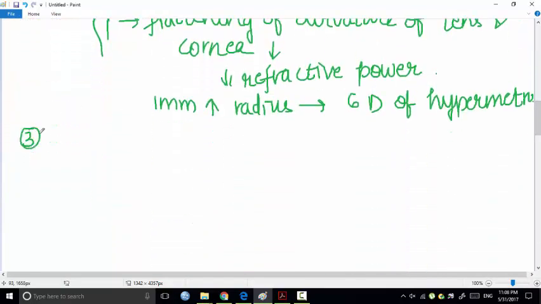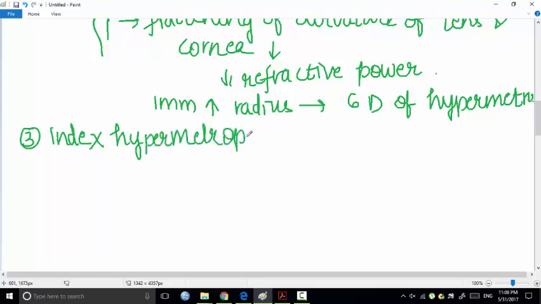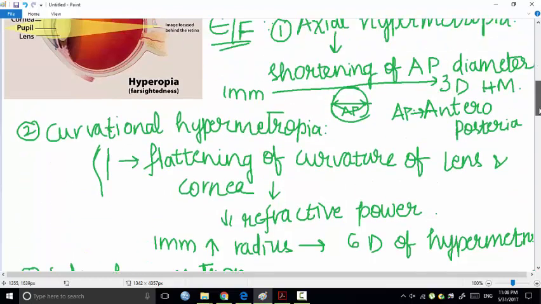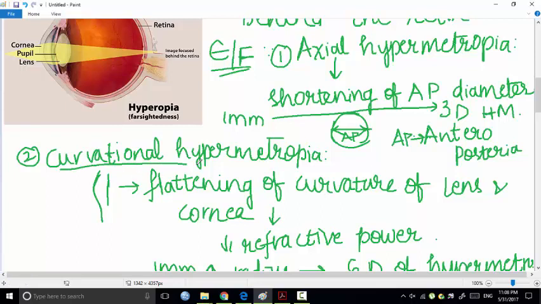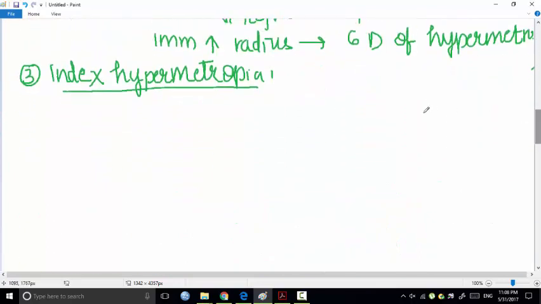Now the third type is index hypermetropia. What does this include? What is index? Index in the eye refers to refractive index.